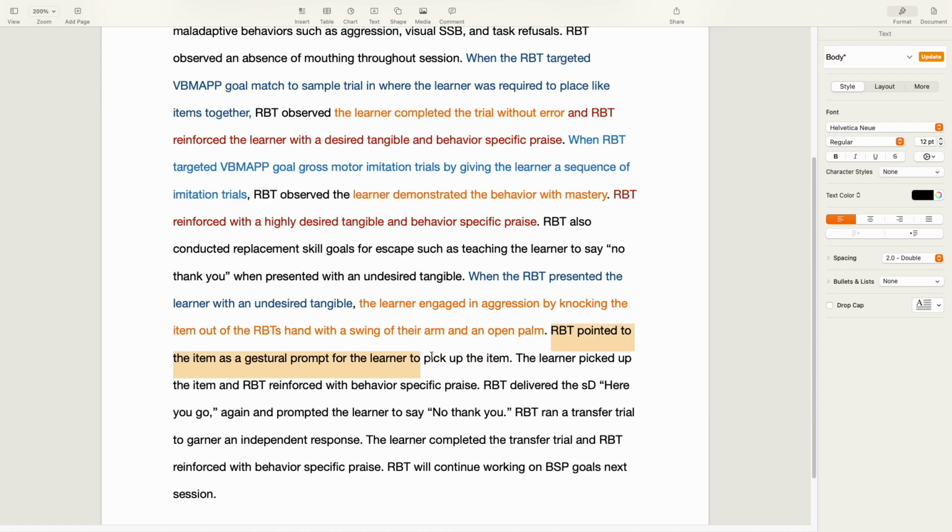Okay, so here we go. This is the consequence, right? This would be the consequence because this is what happened after the behavior. And then what we see here again is kind of like an antecedent.